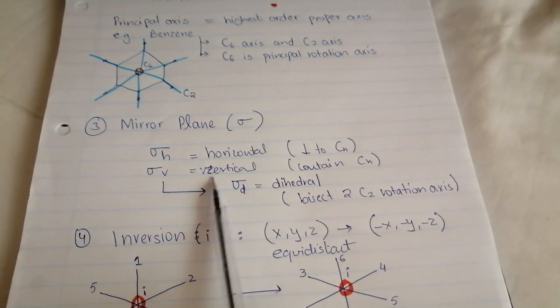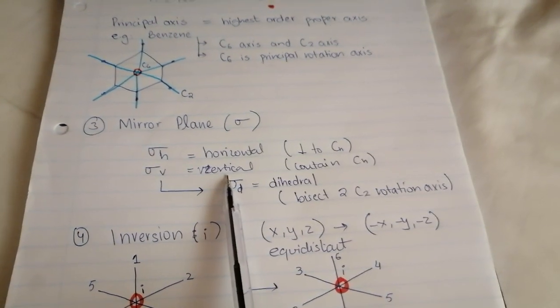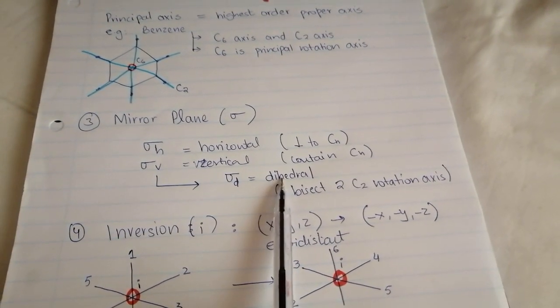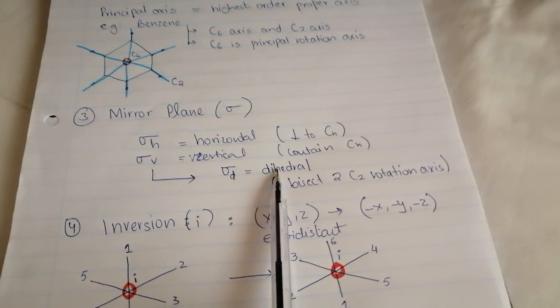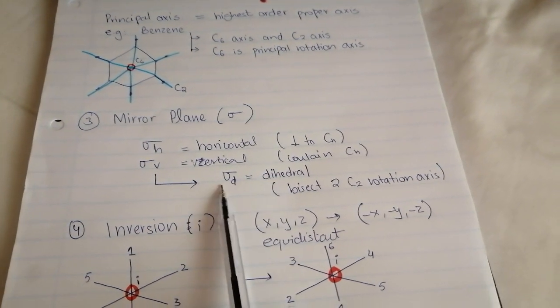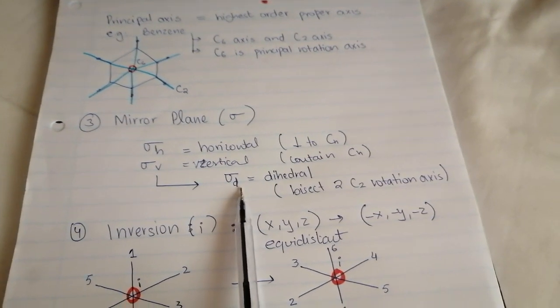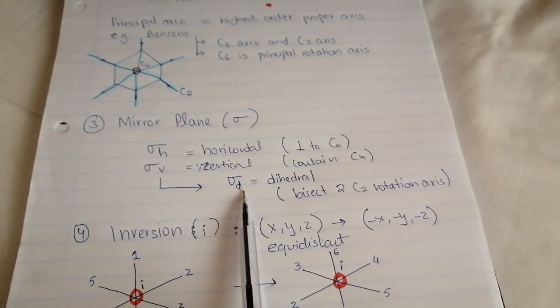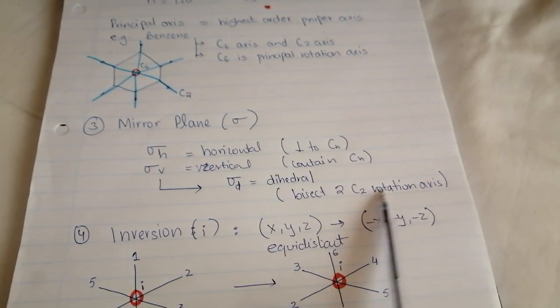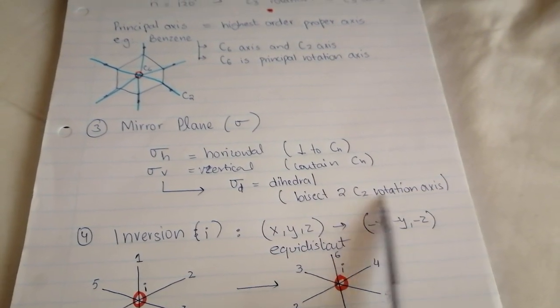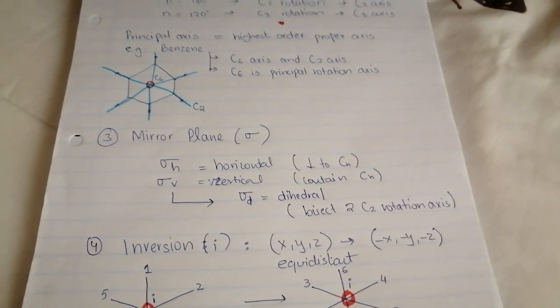Then the vertical mirror plane is also extended into the dihedral reflection plane. The dihedral reflection plane is given the symbol sigma d. Dihedral reflection planes are vertical reflection planes that bisect two C2 rotation axes.